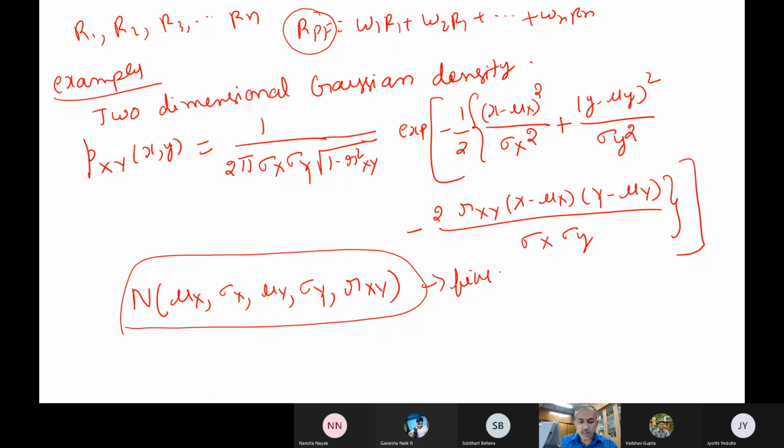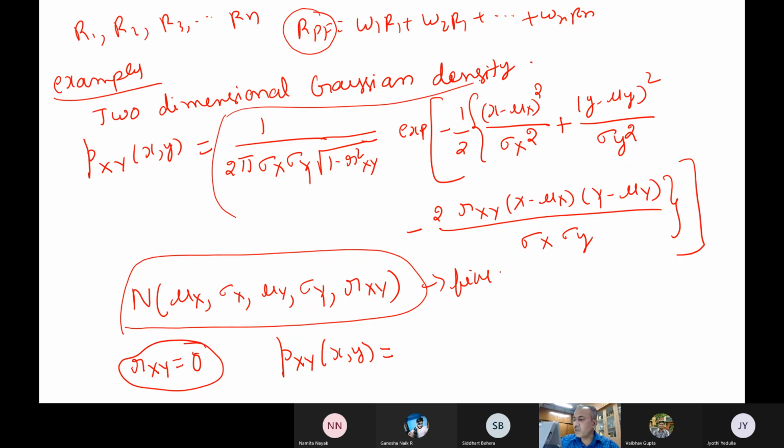Now here one very interesting piece of information comes. In this two-dimensional case, if Rxy is 0, what happens? Tell me. Now what happens to p of x comma y? You substitute Rxy equal to 0 in this expression and then tell me what you will get.